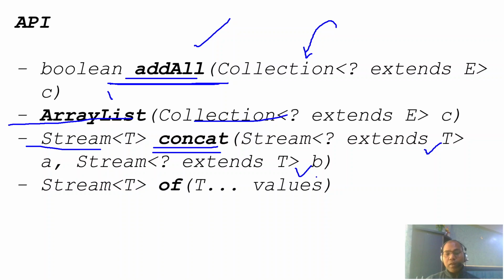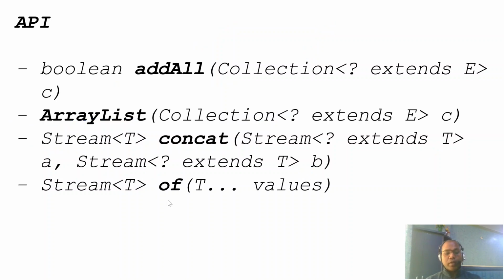And if you have more than two or three or four streams or collections, the best way is the stream generator method Stream.of, where you can pass collection 1, collection 2, collection 3, collection 4, collection 5, whatever collections you have, and then just flatMap the stream and convert to a list, and finally you merge, combine, or join any number of lists.